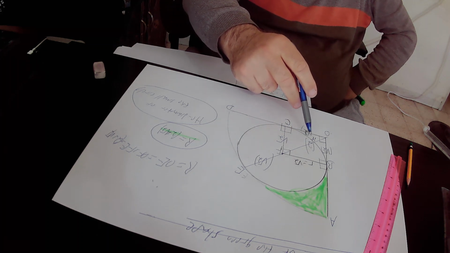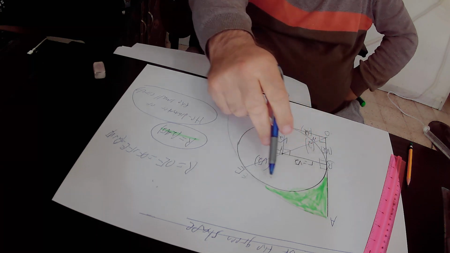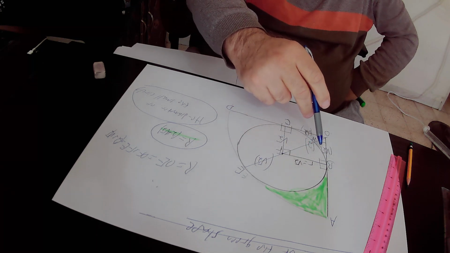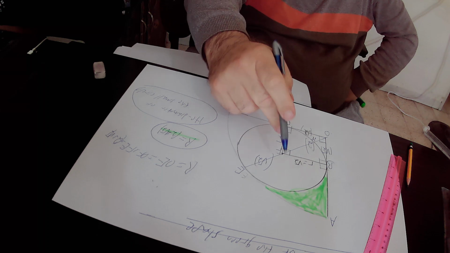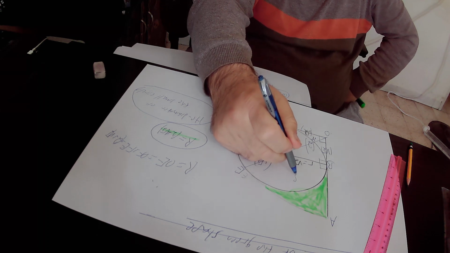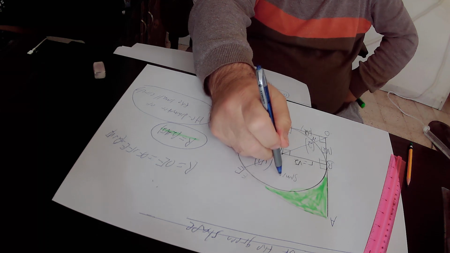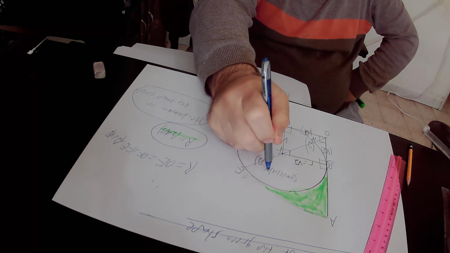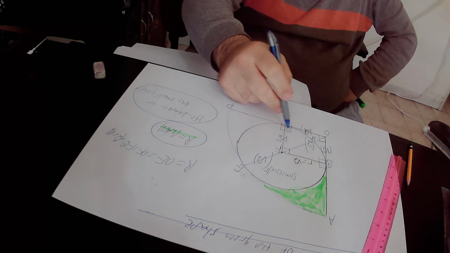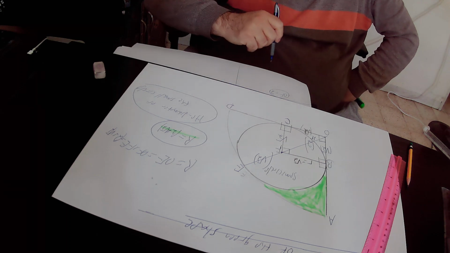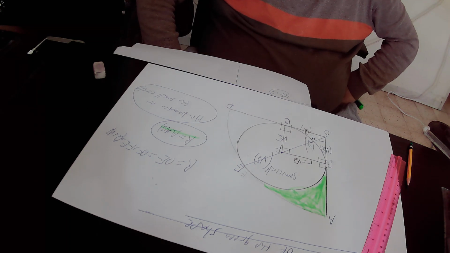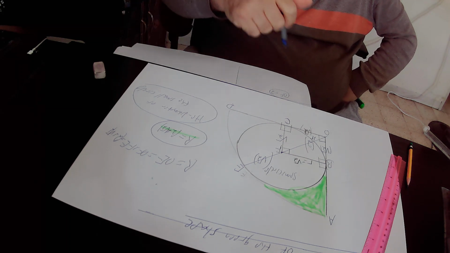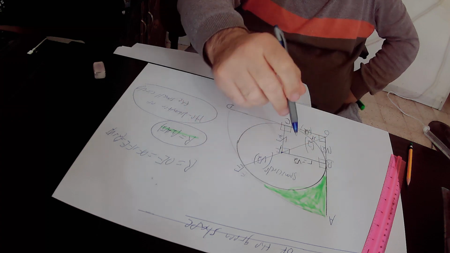That is to say, this is the first half, that is actually a semicircle. And this is the second half, that is also a semicircle.